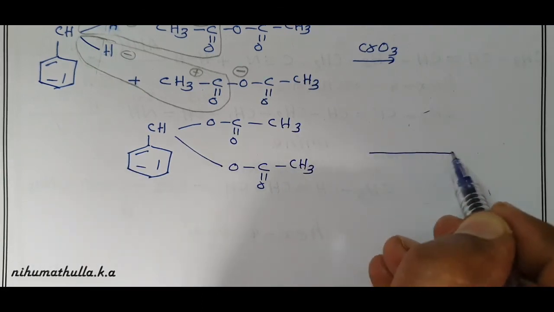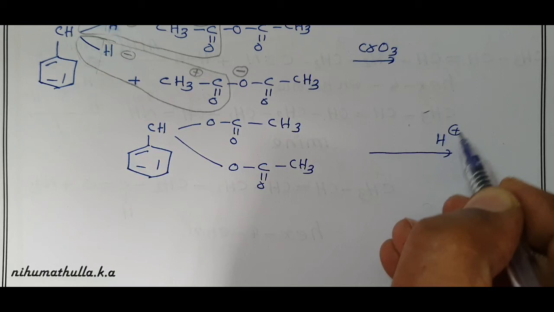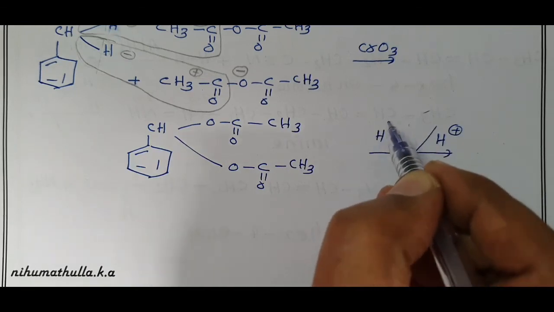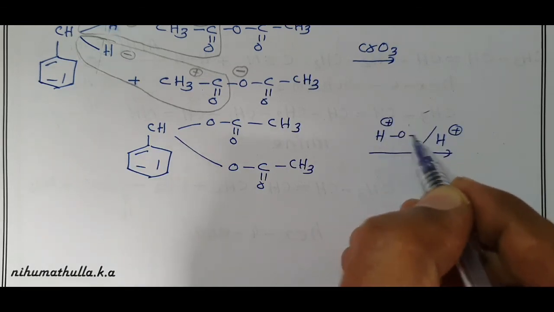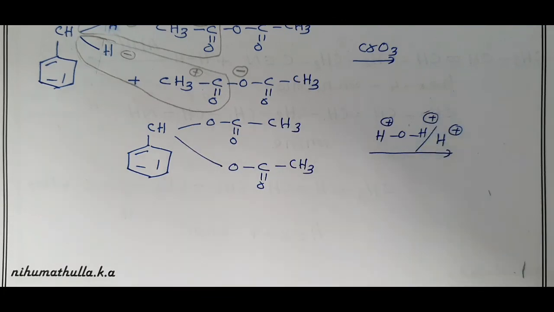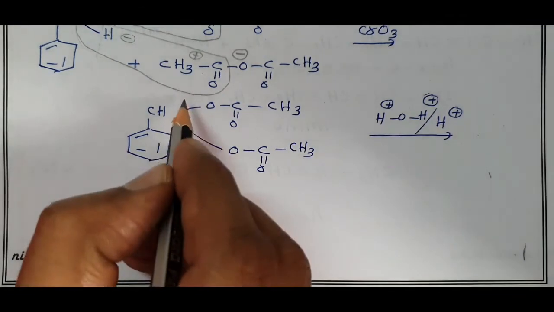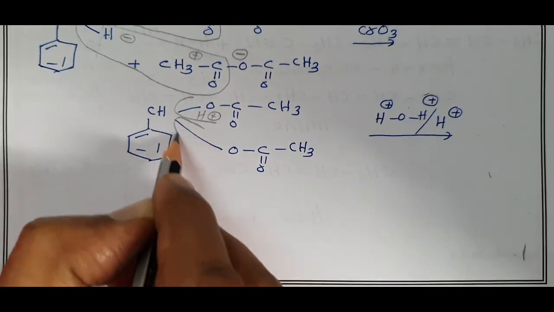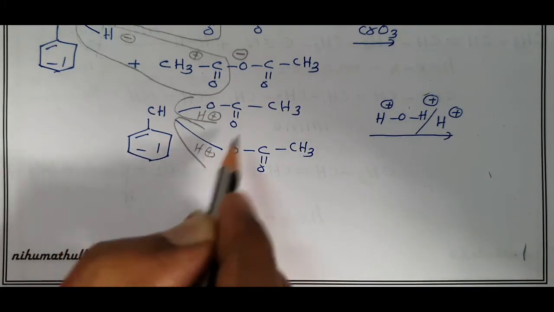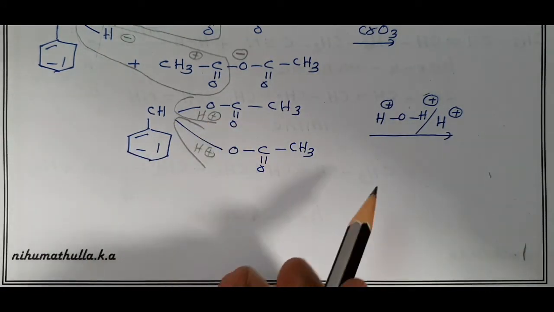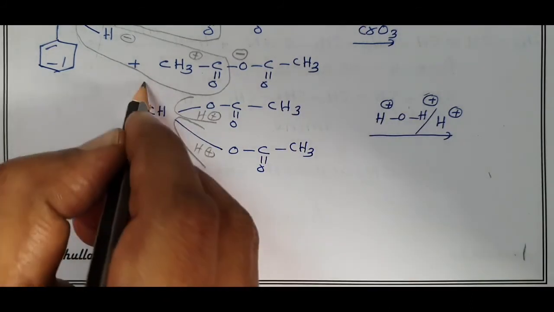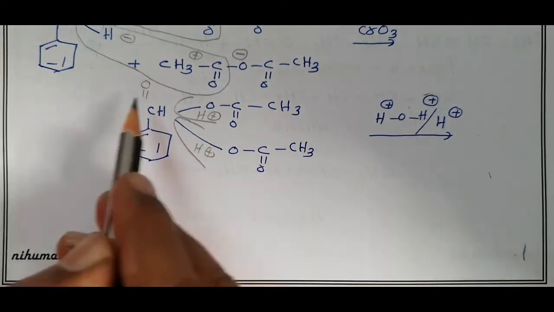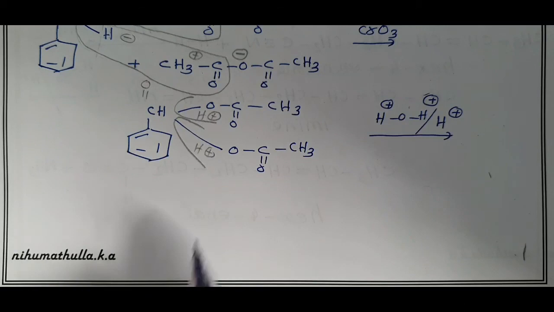It undergoes hydrolysis in the presence of mineral acid H plus. Like the above reaction, 1 H plus is added to this O minus, another H plus is added to this O minus, 2 molecules of acetic acid are removed, and oxygen with 2 bonds is now added to this carbon atom, which gives benzaldehyde.